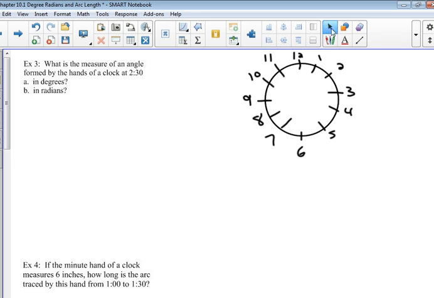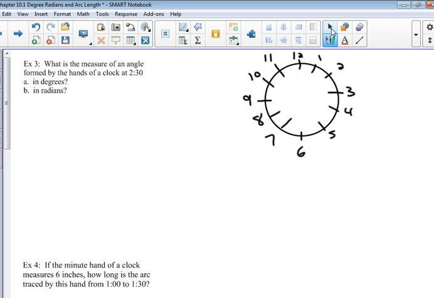Now, the period 4-5 class was all up in arms because my clock was not super accurate. Now, when they give you these clock questions, if the hands of the clock are at 2:30, don't think 100% accurate. This is how they want you to think of this. Where's the hour hand?